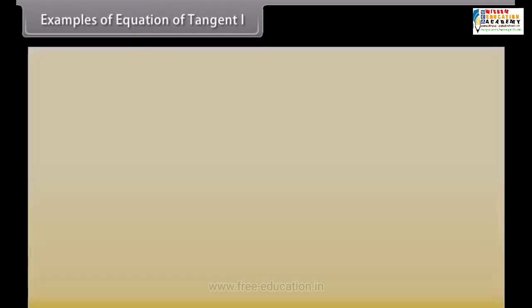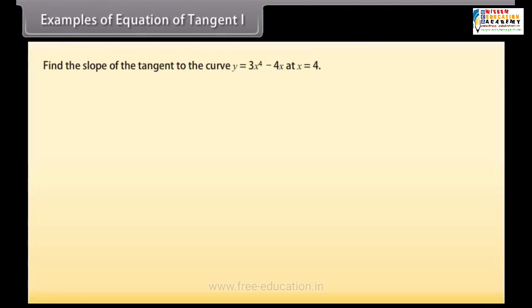Examples of equation of tangent. 1. Find the slope of the tangent to the curve y is equal to 3x raised to the power 4 minus 4x at x is equal to 4. Solution. The given curve is y is equal to 3x raised to the power 4 minus 4x.